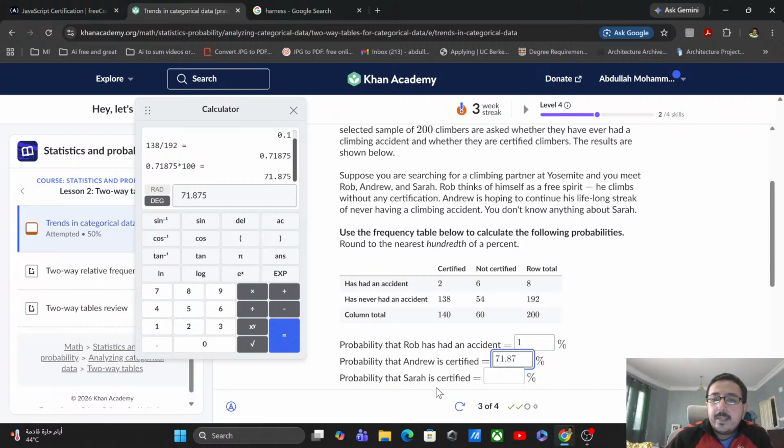Okay, probability that Sarah is certified. Sarah, we don't know anything about her, so she is 1%. Because she's out of the 200. We know nothing about her.